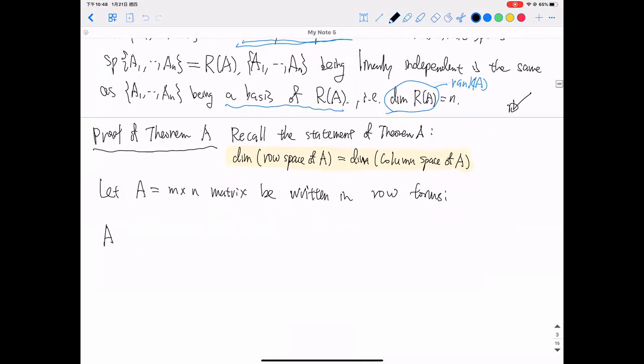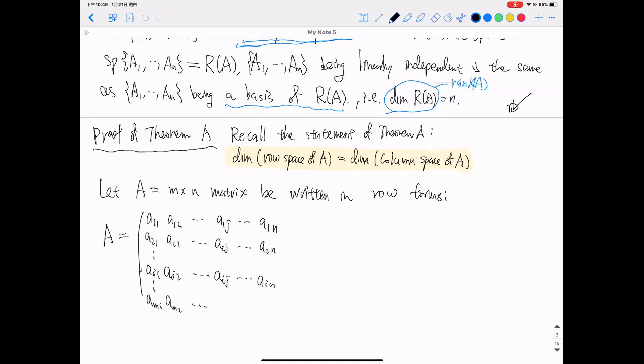This means suppose we write A as A11, A12, ..., A1j, ..., A1n, A21, A22, ..., A2n, down to AI1, AI2, ..., AIJ, ..., AIN, and AM1, AM2, ..., AMJ, ..., AMN.